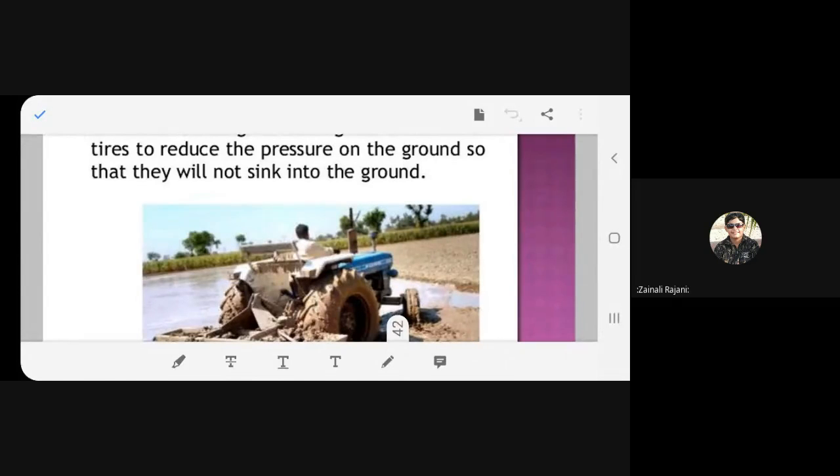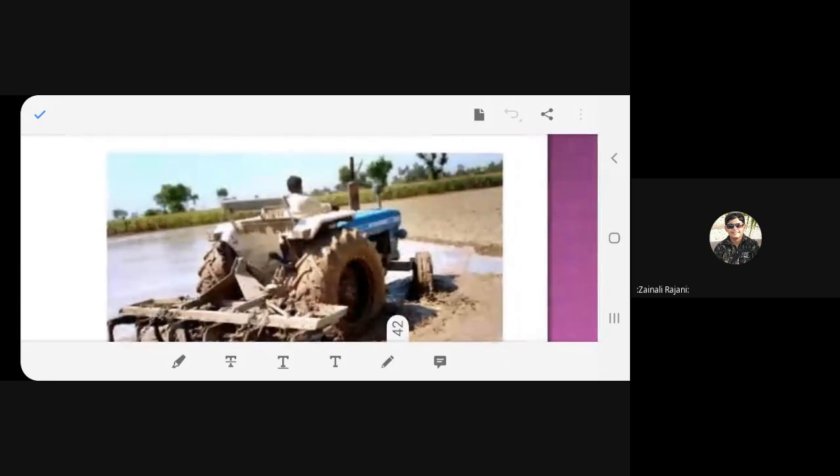Do you agree? We have increased the surface area. Can you see this? This much of width is the tire. So big tire it is. So what are we doing? When we increase the surface area, obviously the pressure is reduced.